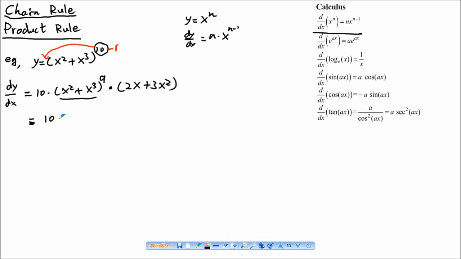Okay, this is how it's done, and I rewrite it. I would have 10 times bracket 2x plus 3x squared bracket, and another bracket x squared plus x cubed bracket power of 9. The idea is to use this formula. Firstly, whatever is in the bracket doesn't change, but we have to times the differentiation of whatever is in the bracket.